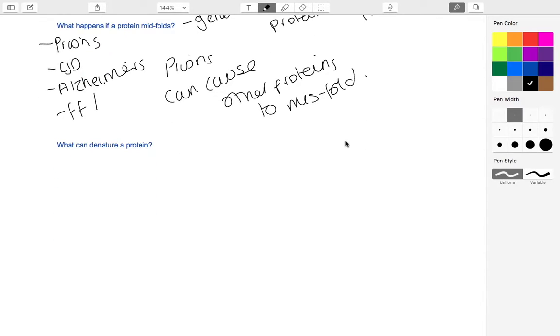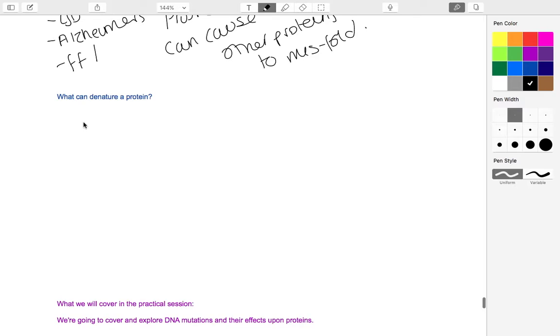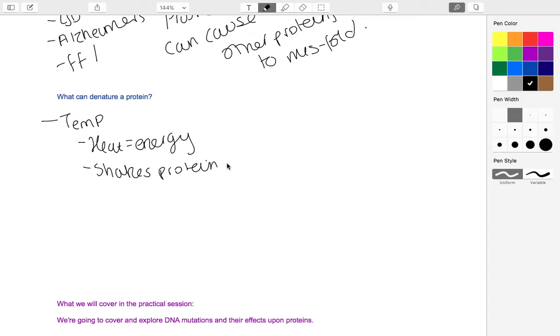Now, I'll just quickly cover what can denature a protein. You have things like temperature, because temperature is obviously heat, which is energy. This essentially shakes the protein apart and breaks the bonds. And then this causes unfolding.